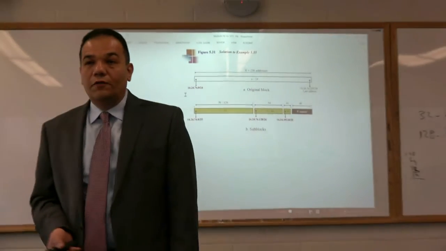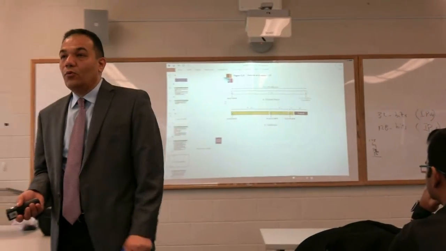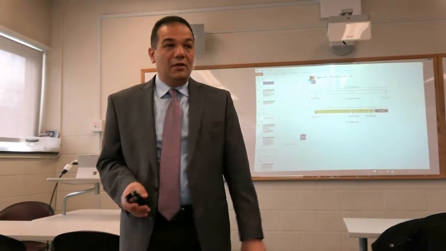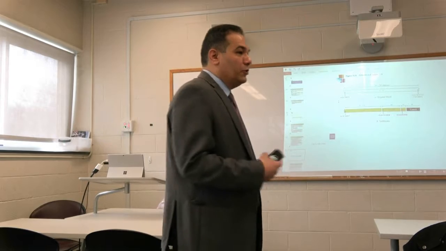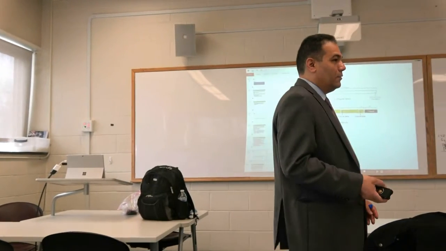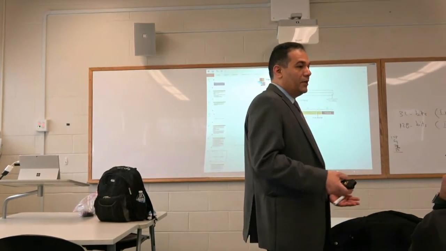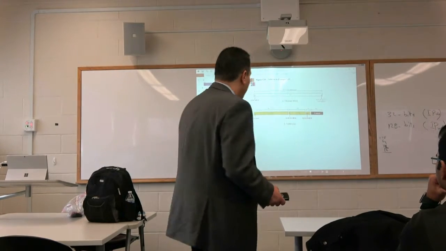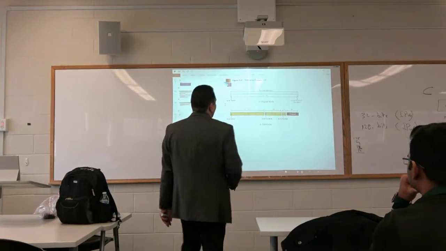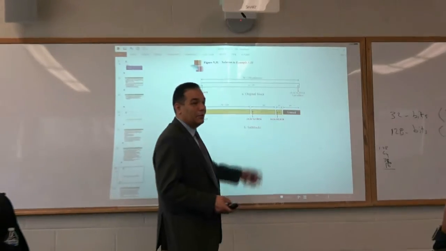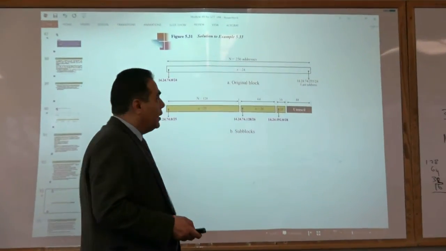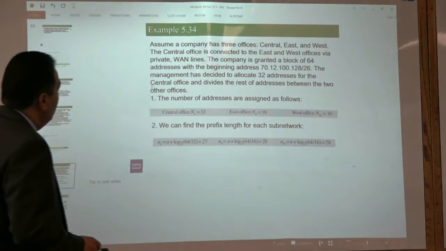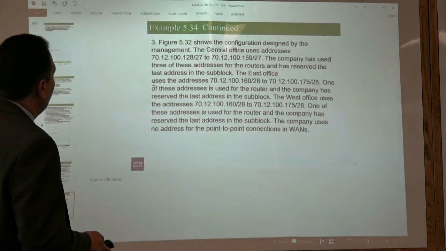So the idea of using classless addressing is to reduce the waste. However, in many cases you cannot reduce it to 0. But can you imagine if you, for example, get a bigger class and you cannot utilize it in the right way. So I think I covered the idea.